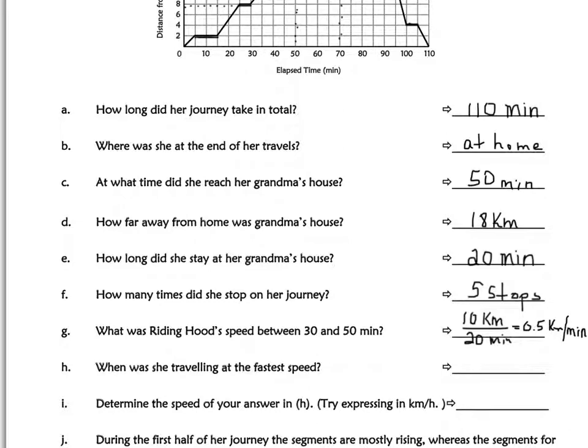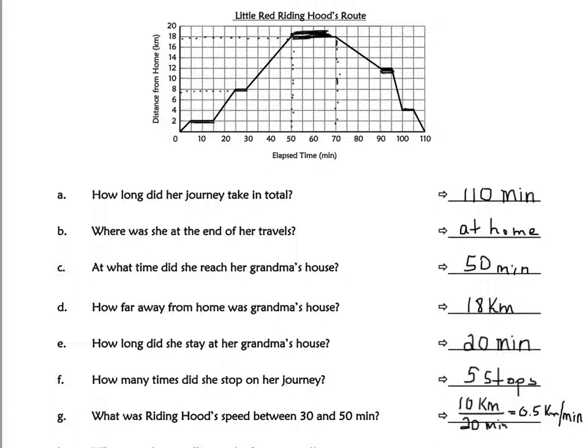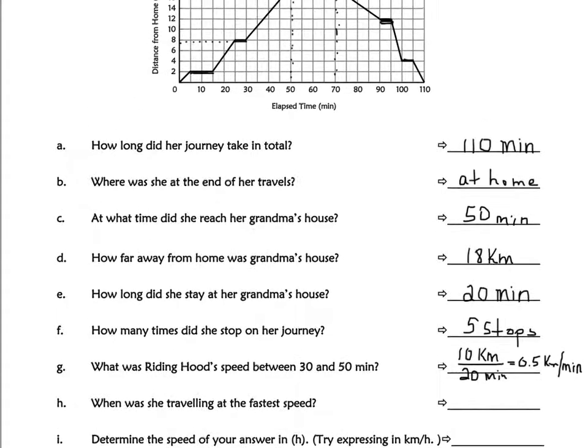When was she traveling at the fastest speed? Next question. So we look to see where she was traveling at the fastest speed. That would be the steepest line. And just eyeballing it, it looks like the fastest speed might be here from 95 to 100 minutes. 95 was at a height of 12 kilometers, and 100 minutes is at a height of 4 kilometers, so that would be 8 kilometers.